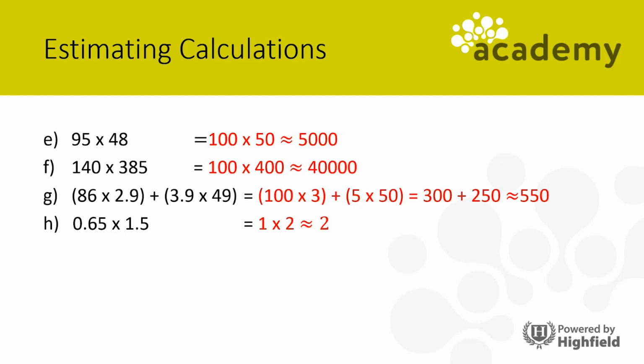Calculation G, 86 times 2.9 plus 3.9 times 49 can be estimated as 100 times 3 plus 5 times 50. In other words, 300 plus 250, and that's approximately equal to 550. And finally, calculation H, 0.65 times 1.5 can be estimated as 1 times 2, which is approximately equal to 2.